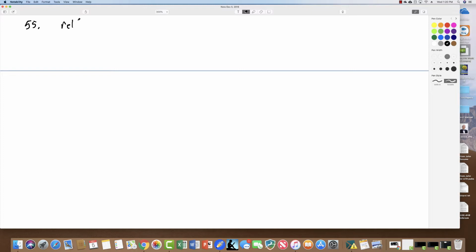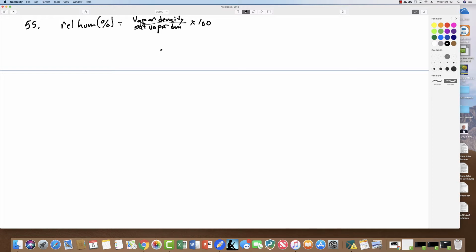Relative humidity in percentage is equal to the vapor density at any particular temperature divided by whatever that density is if it's 100% saturated, so the saturation vapor density at that temperature, and that times 100.